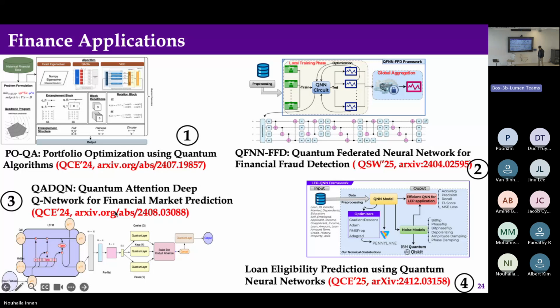Okay, so one question on the financial market prediction. What is the accuracy that you expected, that you got for this model using quantum computing? Yes, so for the prediction, we don't use accuracy, we use the loss.